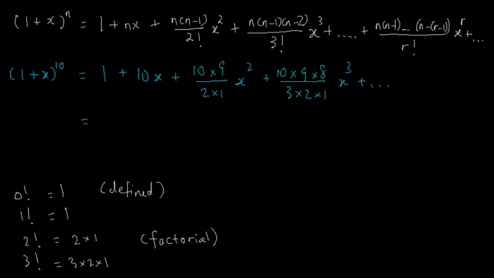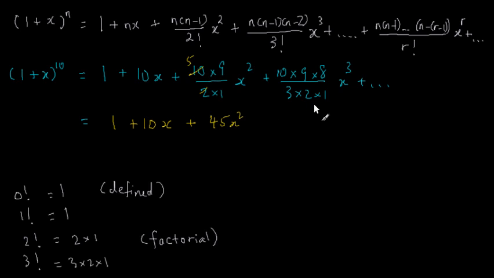And let me just finish up by simplifying these terms. 1 plus 10x plus, okay, factorials we can evaluate fairly easily when the numbers are not too many. So I can divide 10 by 2 to get 5, and 5 times 9 is 45 x squared.